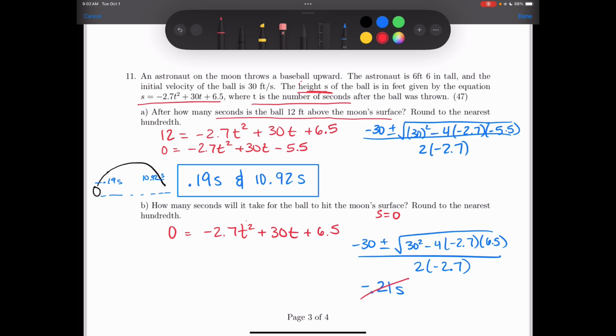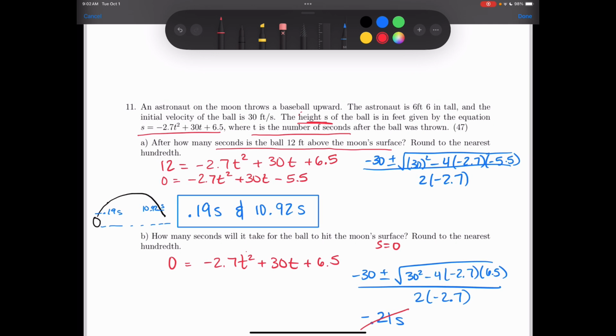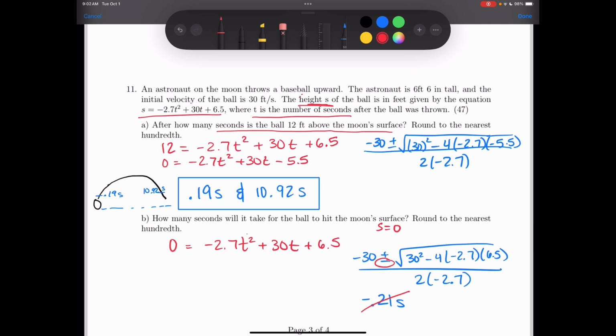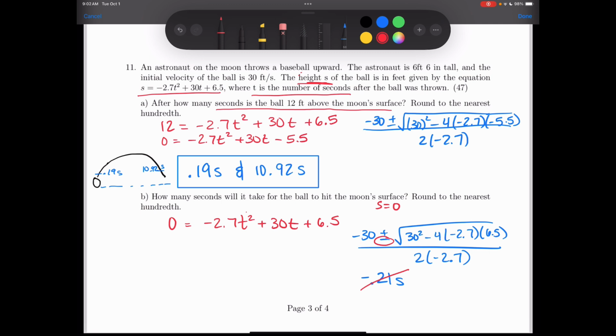The other one, when I do the negative option, I get a time of 11.32 seconds. So it takes 11.32 seconds to get back to the surface once it's thrown.